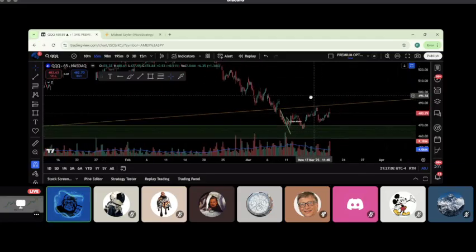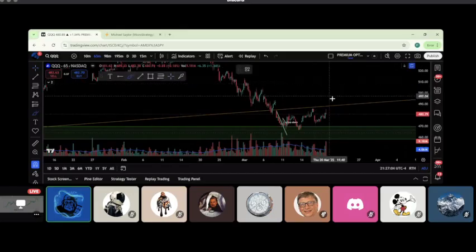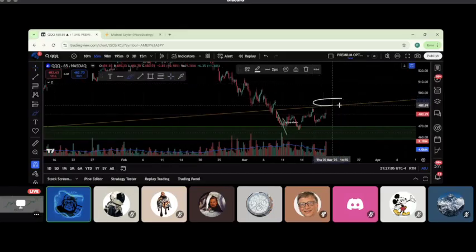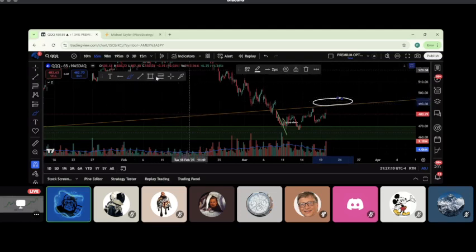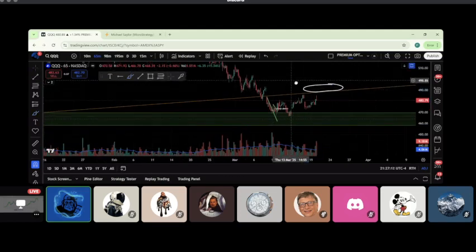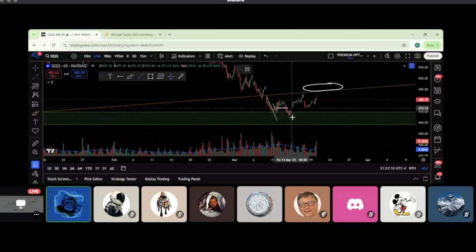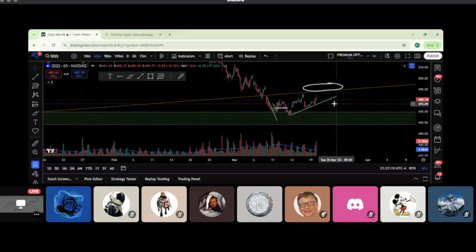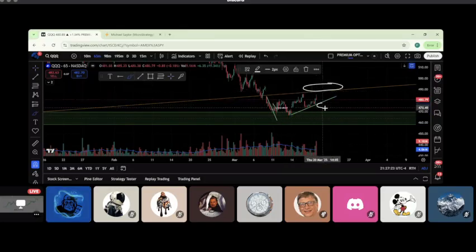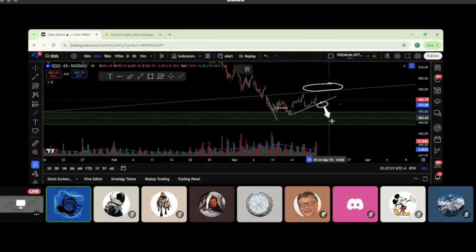And bulls want to see a close back above here, just like how we saw with Google and Amazon, which makes sense. That's something similar. You also have a little trend line here. So bears want to see a close somewhere out of this, somewhere down there, or you would push down like this.